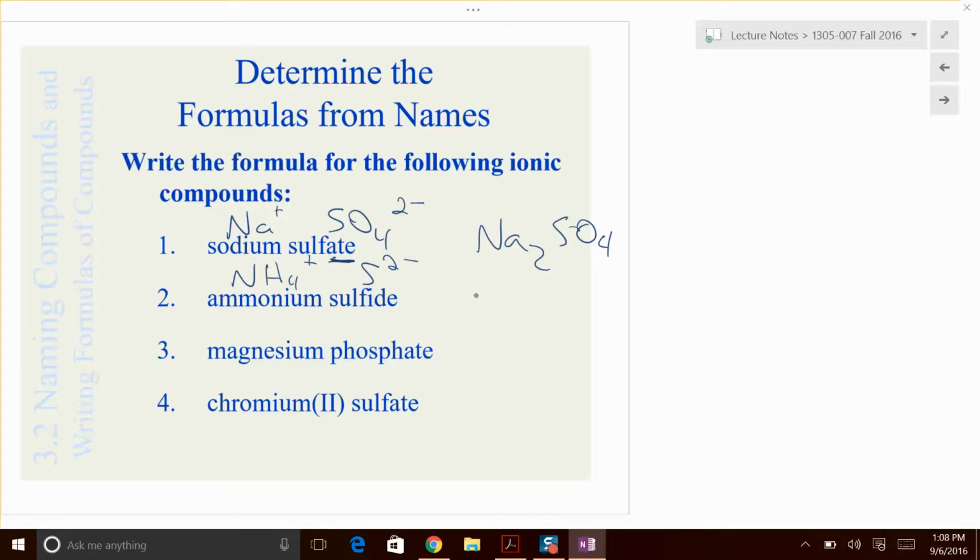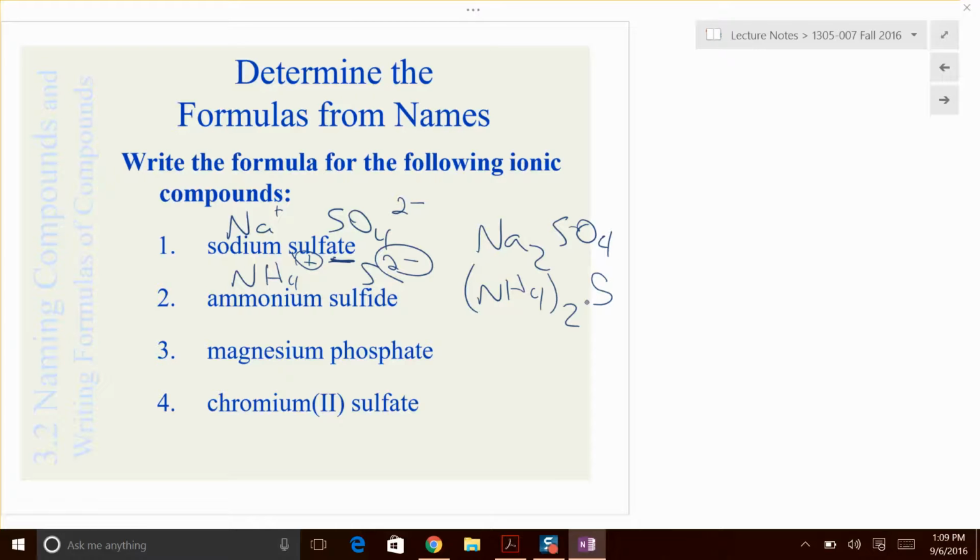How many ammoniums do I need? I have a +1 charge and a 2 negative charge, so I need more than one. I need 2 of them. How many sulfurs do I need? Just 1. Ammonium sulfide, (NH4)2S. That's what I need.